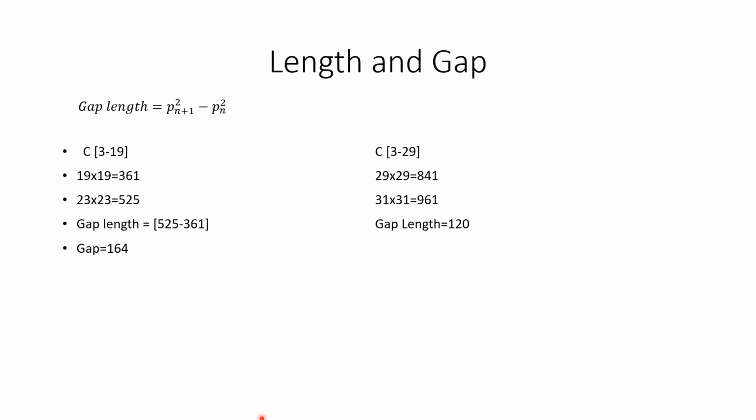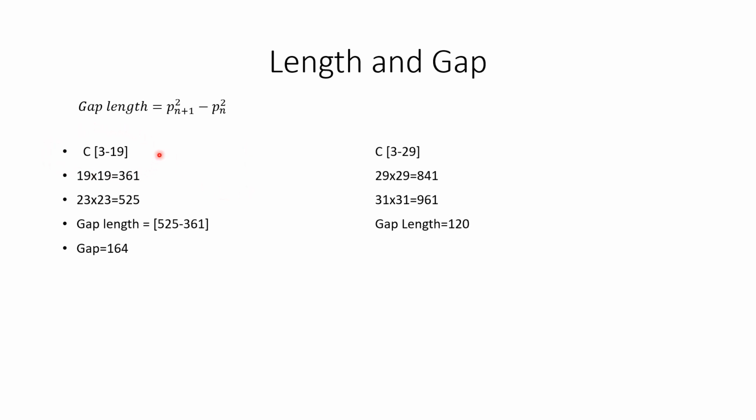Here we have the equation of the gap length. Gap length is the difference between the square of the next prime number Pn plus 1 that doesn't belong to the cycle, minus the square of Pn.